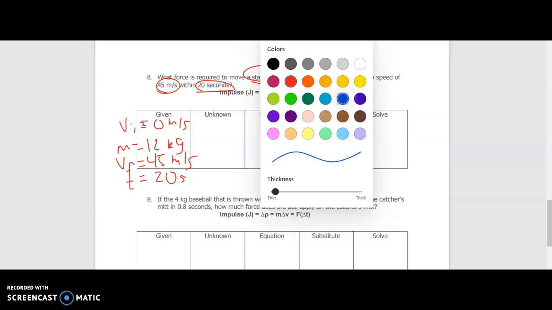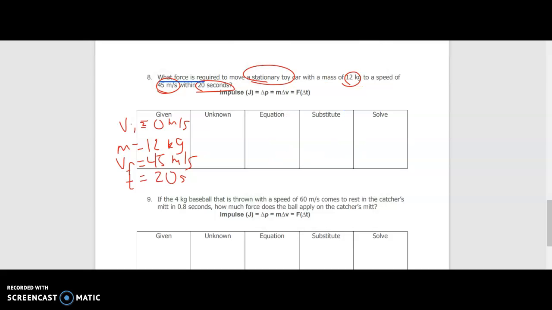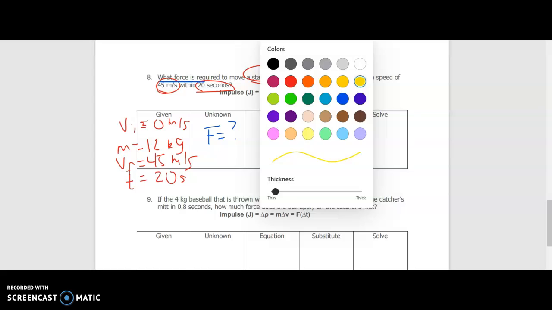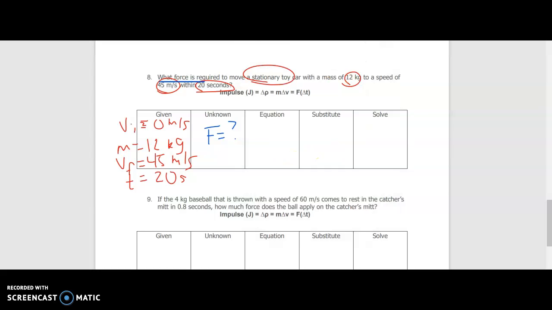All right, and our problem was asking us, what is the force required? So our unknown is F. We need to figure out the force. How much force do we need to apply to this sitting car in order to speed it up? So looking at our equation, we need to know the force. We were given the initial and final velocities. We were given the mass of the car.